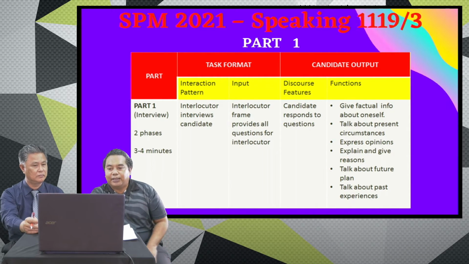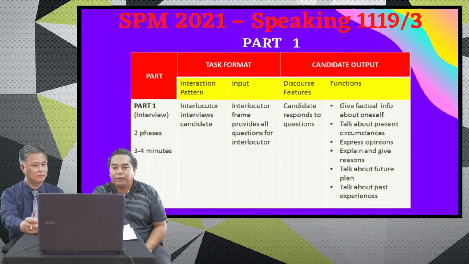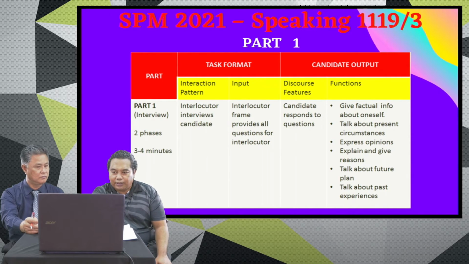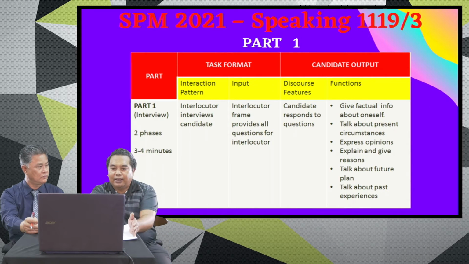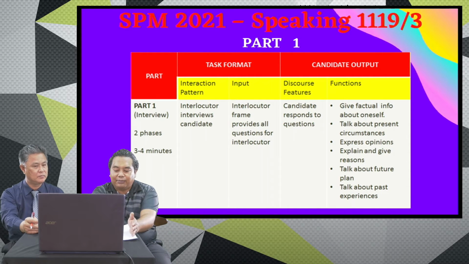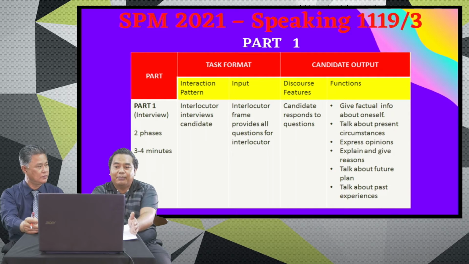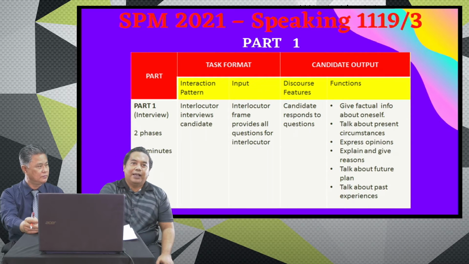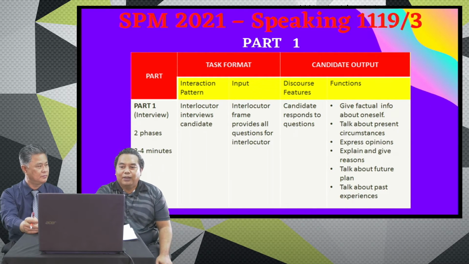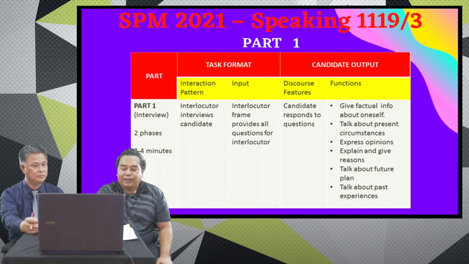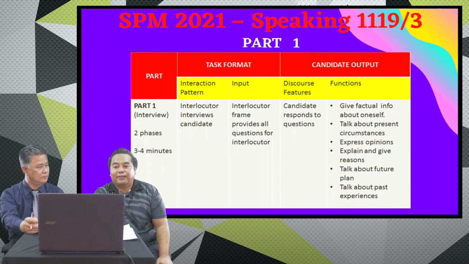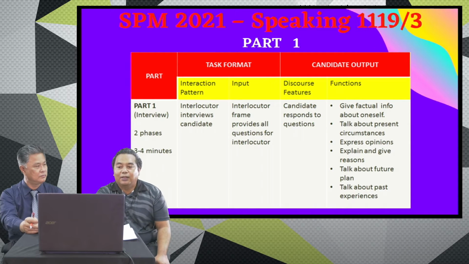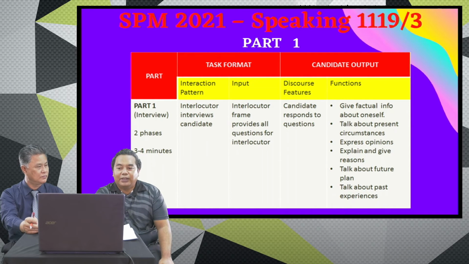Input: the interlocutor frame provides all questions for the interlocutor. So the interlocutor will look at his frame, written by the lembaga. They will give what questions to ask, and the interlocutor will only read from the text given. He cannot ask outside of the questions.